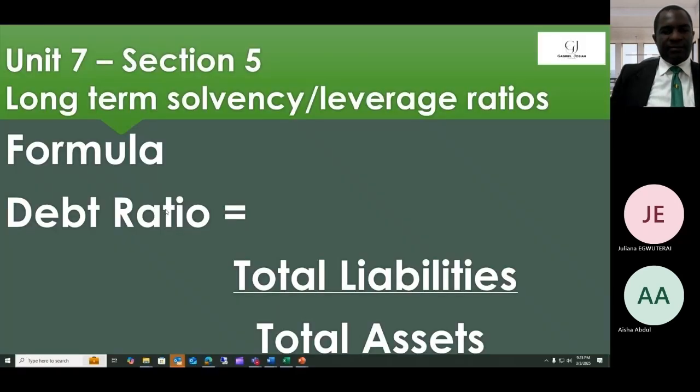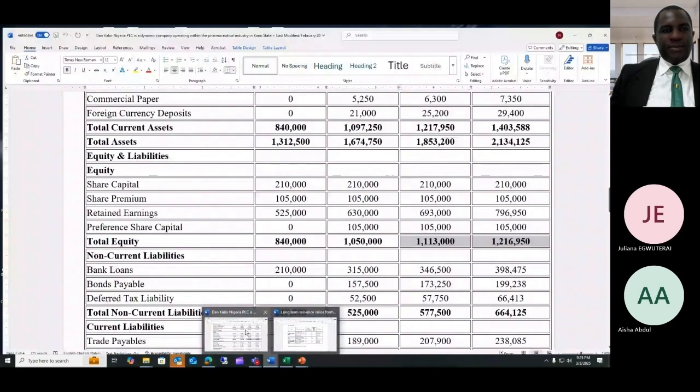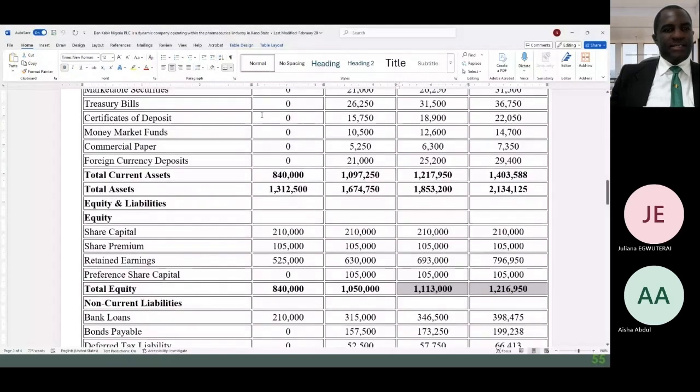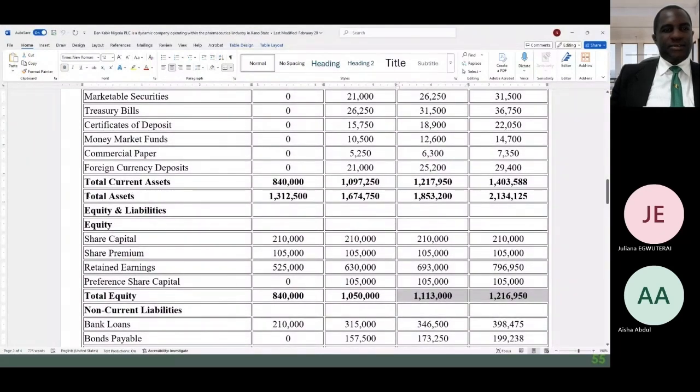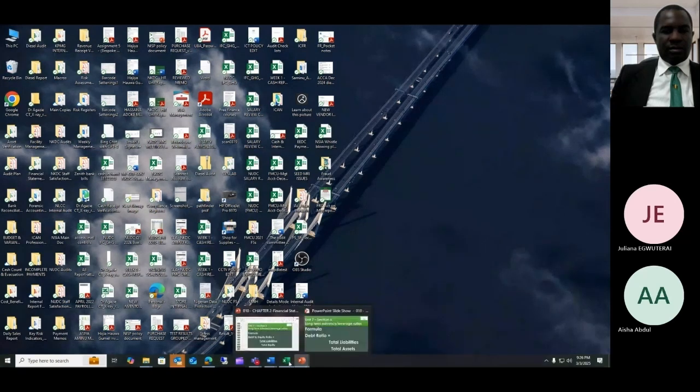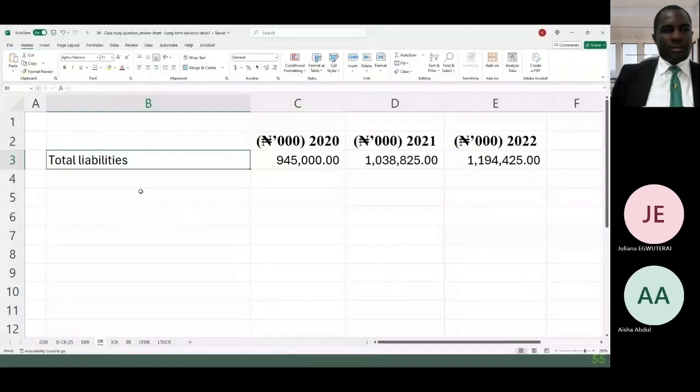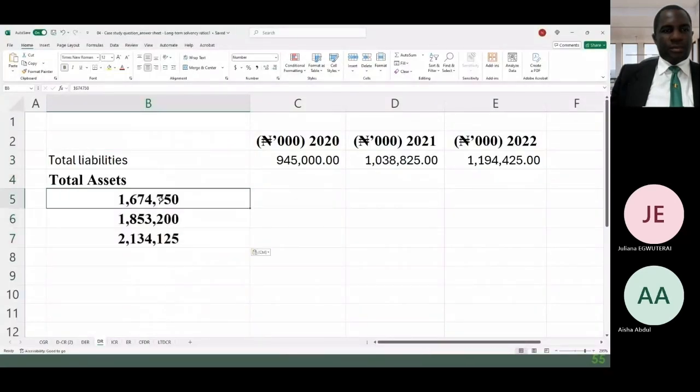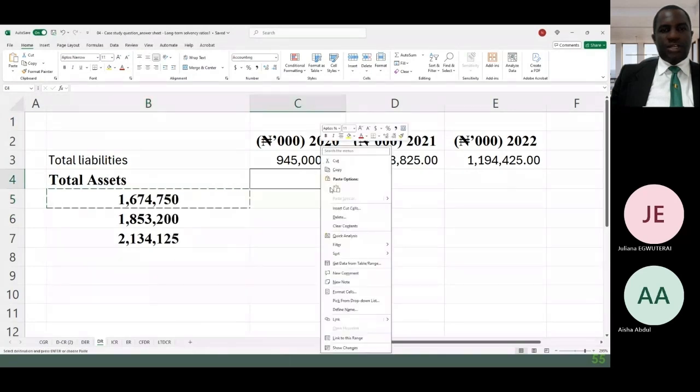So let's go to our anchor view and pick our total assets. So this is total asset, but we're not picking beginning, we are picking this too. Okay, so these are our total assets.